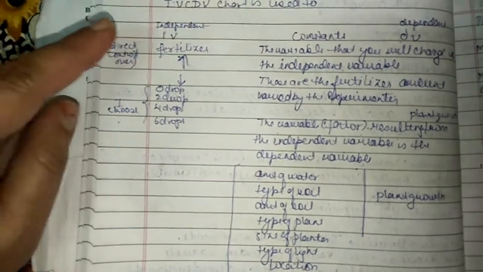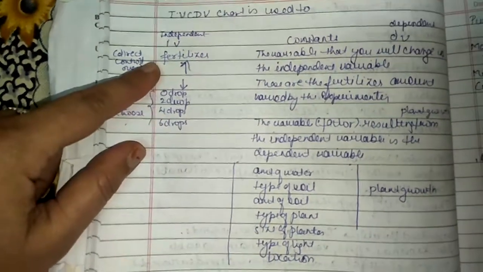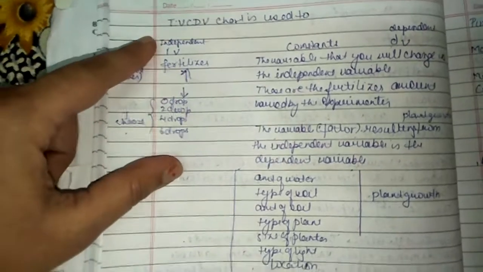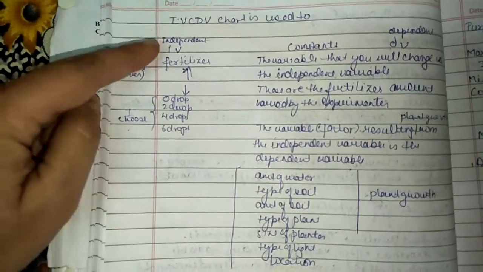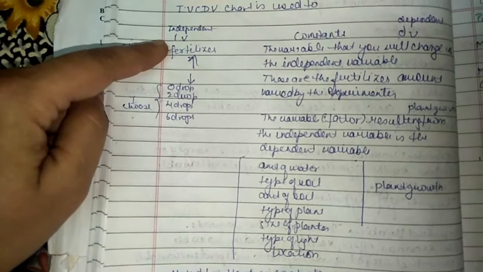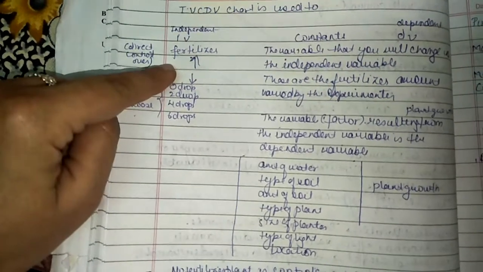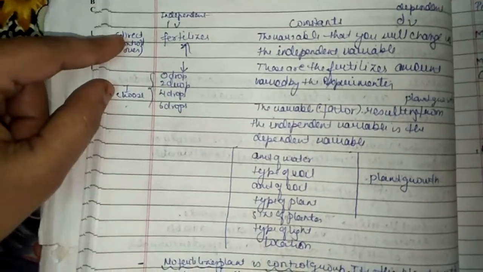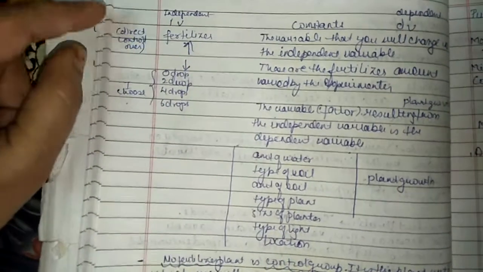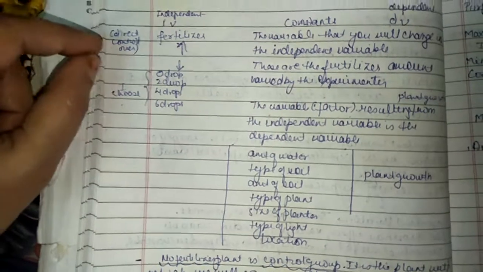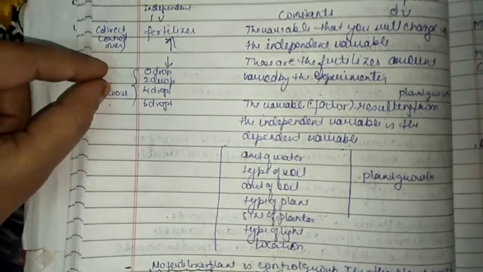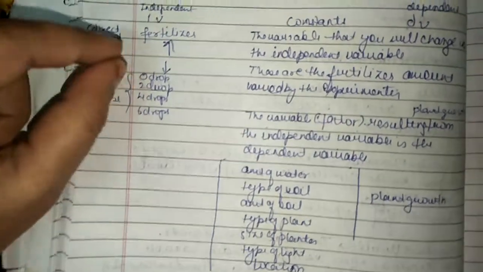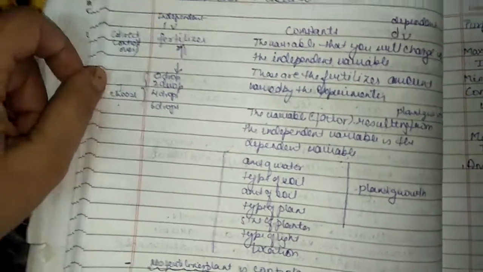Starting with, the fertilizer would be the independent variable. The reason why is that the fertilizers are in direct control of our experimenter. He has the full liberty to choose the amount of fertilizer he is going to use on that particular plant.